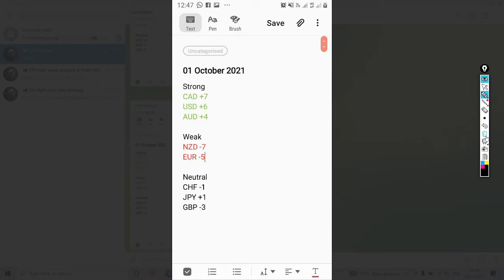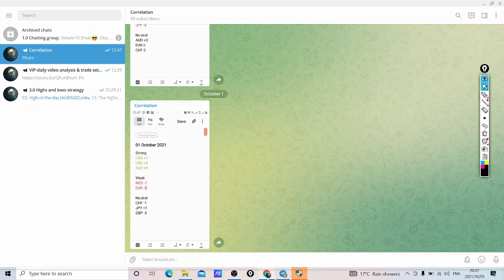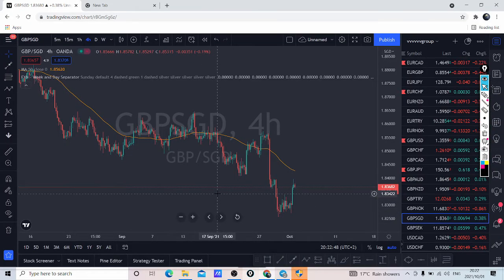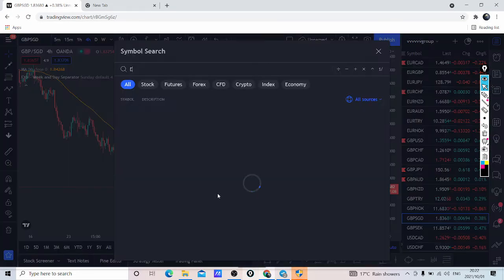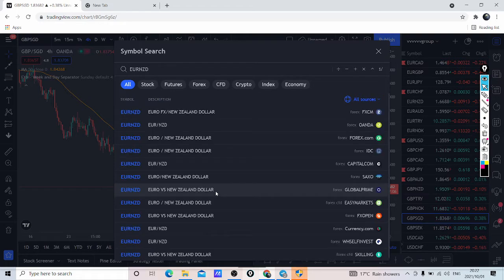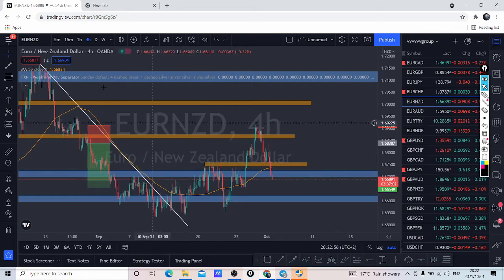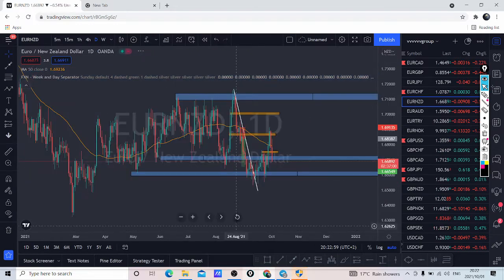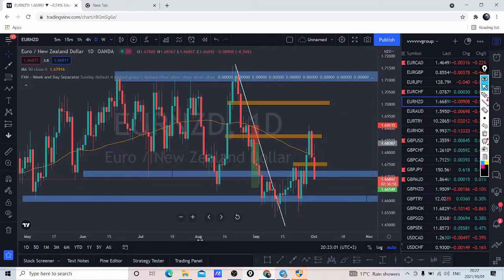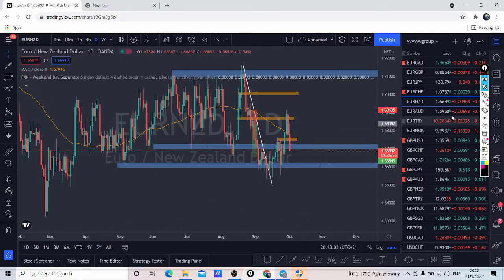So let's use an example of euro NZD, just to show you how I avoided trading this currency pair. This is the euro NZD. We are going to start breaking the market down from the higher time frame, which in this case is the daily time frame.